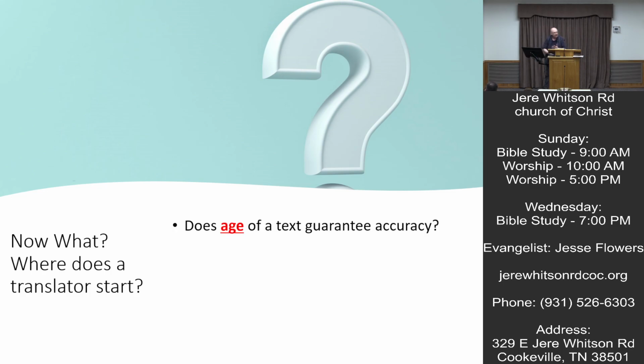Does the age of the text guarantee accuracy? Well, think about it. What if I had a copy that's 5 years after an original, and I decide to copy the original? What if I make a mistake in making that copy?